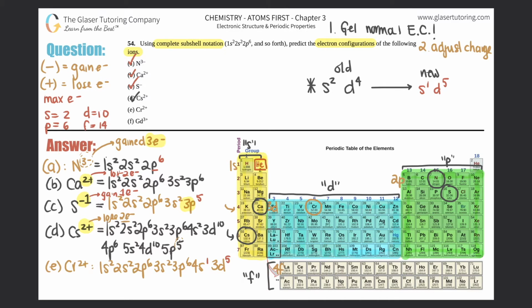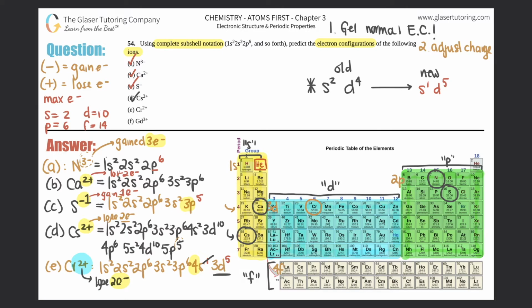And now I look at my charge. So now it's a +2, which means that I lose 2 electrons. Now, where is the highest number? This one is tricky because the highest number is actually in the middle, the 4. So I have to lose 1 from here, but I have to lose a total of 2. So where am I going to go? Now I look at the outer ones.